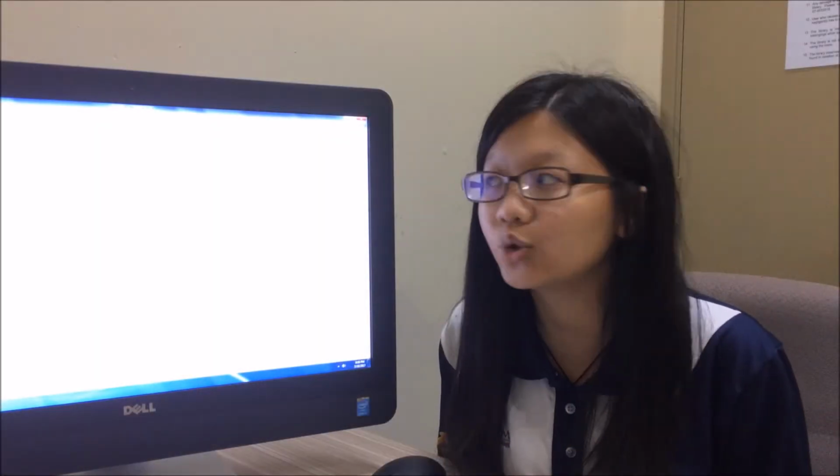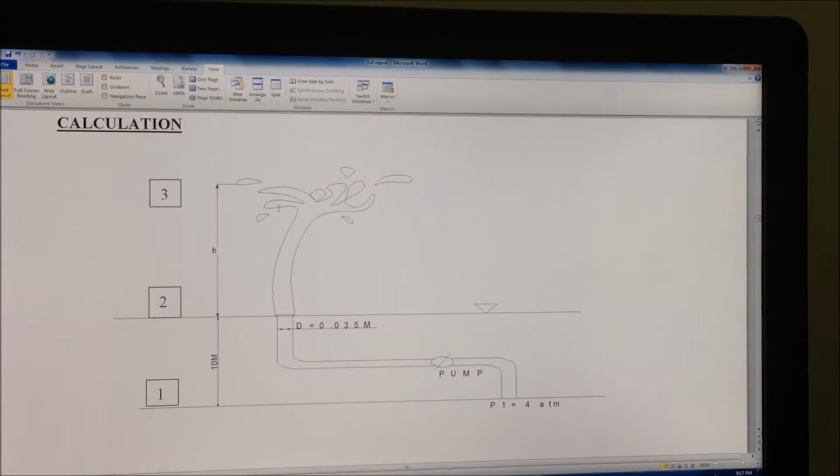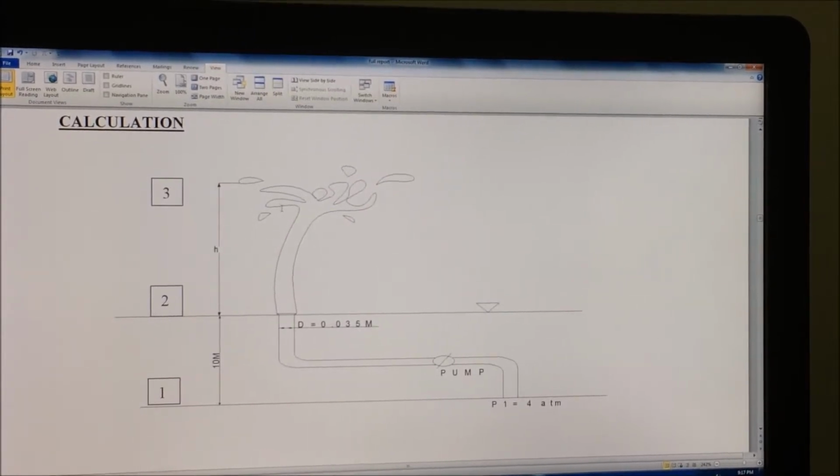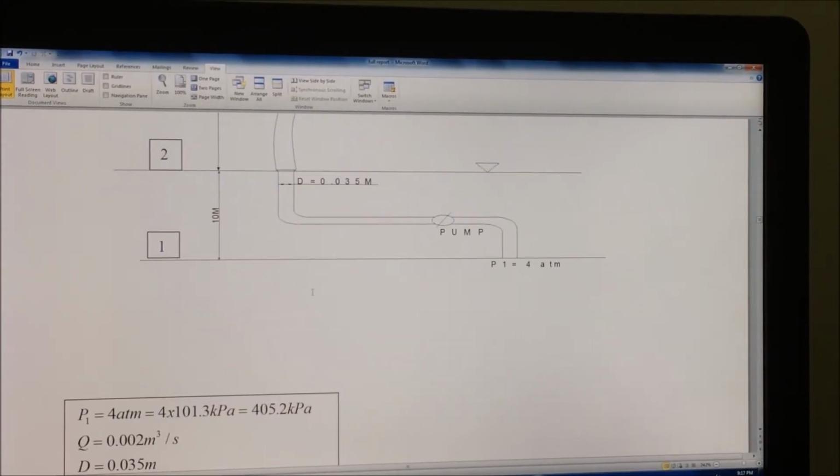I'm going to proceed to the calculation. For our calculation, this is our assumption for our project fountain. We assume that the pressure of the underground is 4 atm, which is 405.2 kilopascal.